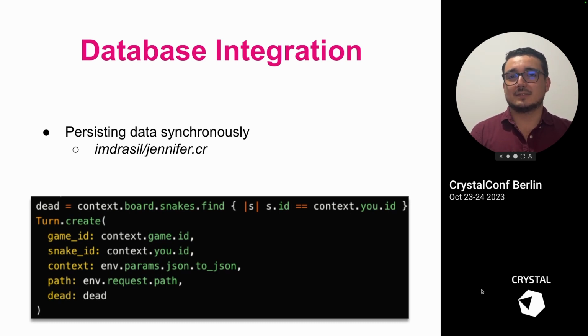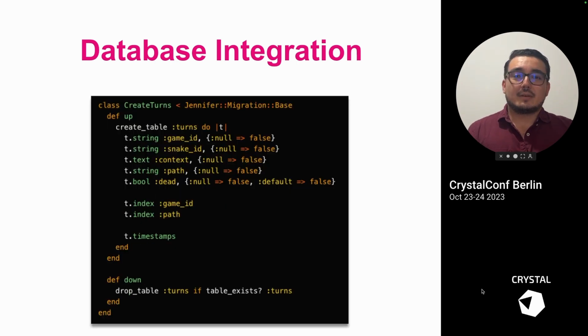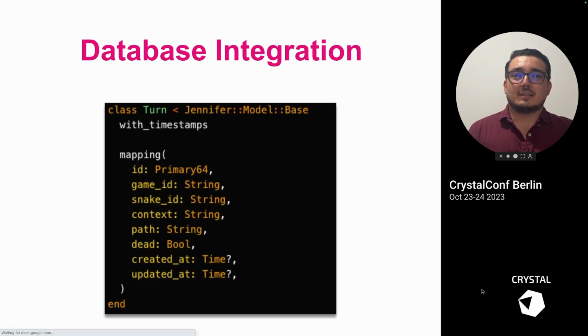Again, there are lots of other ORM frameworks out there, but Jennifer was pretty nice. It's based on or inspired by Active Record. There are migrations, and this is what the model looks like. So just a pretty great experience from my end.